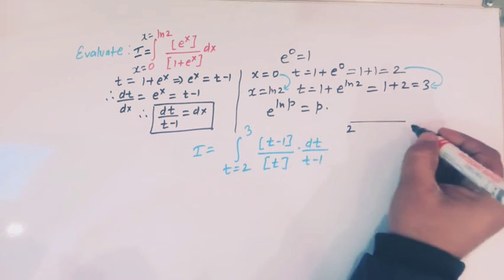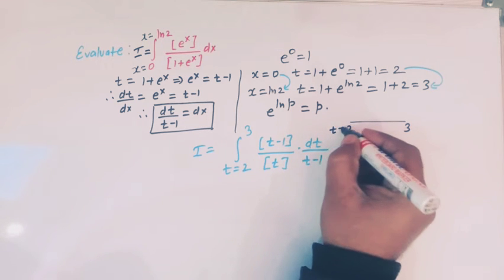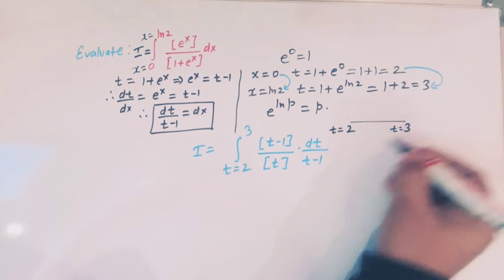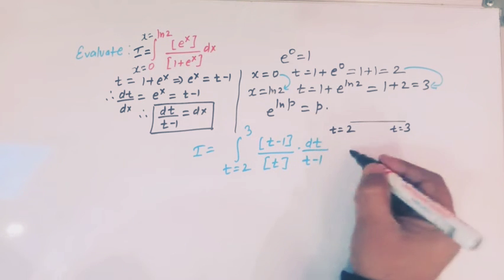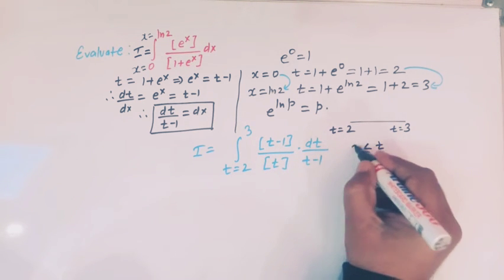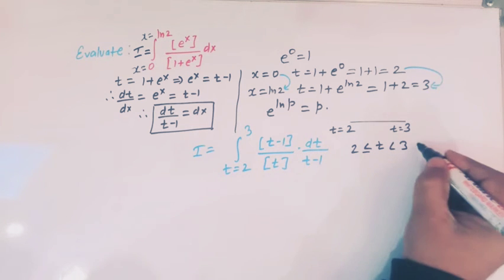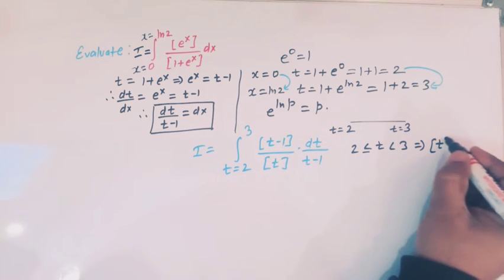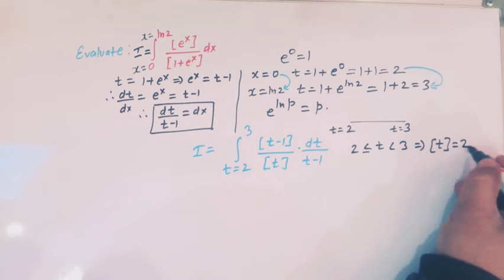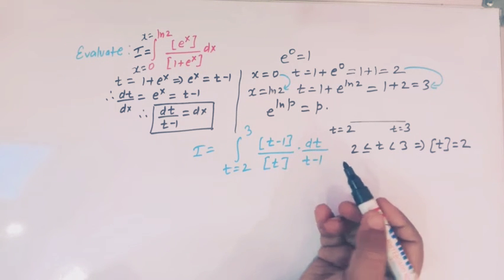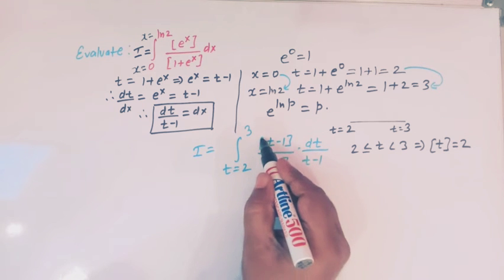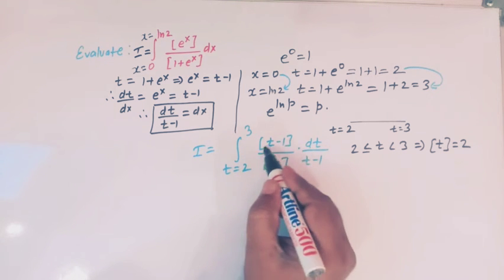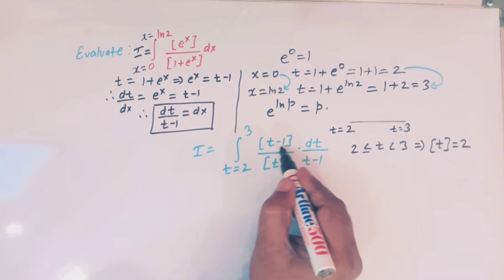By the definition of the greatest integer function, when t lies between 2 and 3, the value of the greatest integer of t is 2. But we have to keep one thing in mind: we should also find the value of the greatest integer of t minus 1.